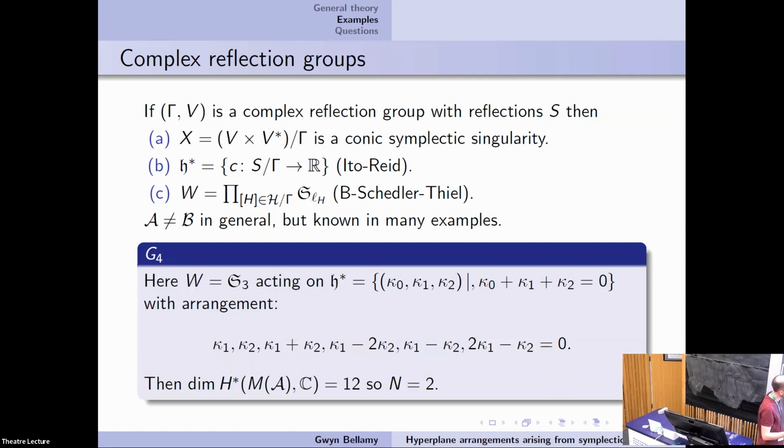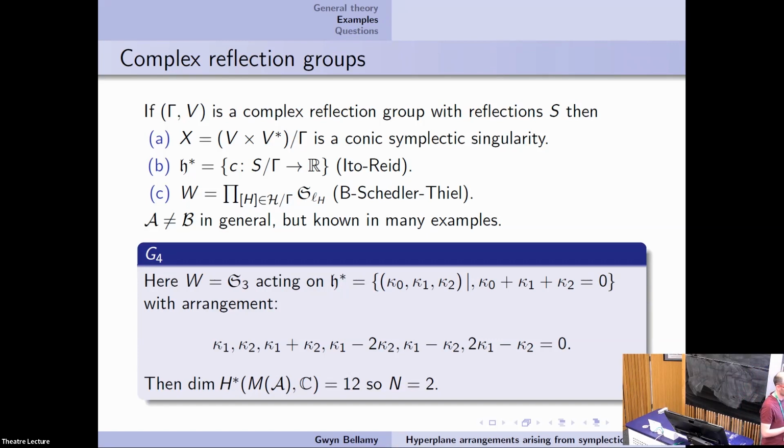When you make this computation, you find you get 6 hyperplanes in the arrangement, and the computer will tell you the order of W is 12. So 12 divided by 6 gives you 2. So in this case, there are 2 symplectic resolutions. If there were no resolutions, this would count terminalizations.